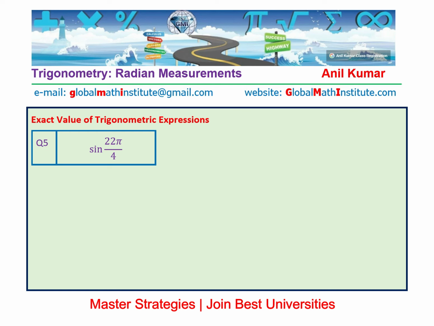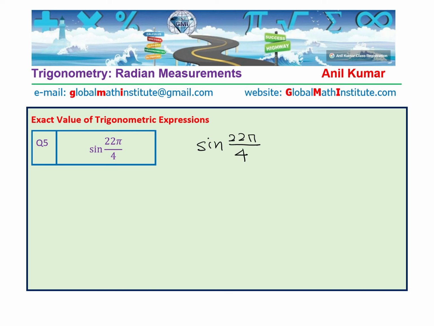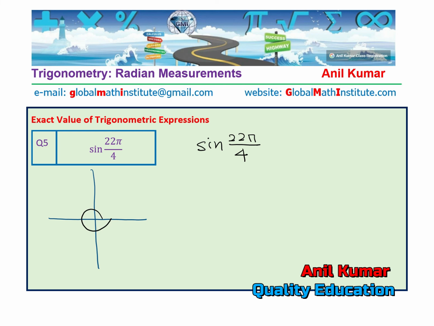So now let's look into angles which are more than 2 pi. So we have sine 22 pi by 4, correct? Think like this. If I make one full circle, in that case, it will be how many pi by 4s?